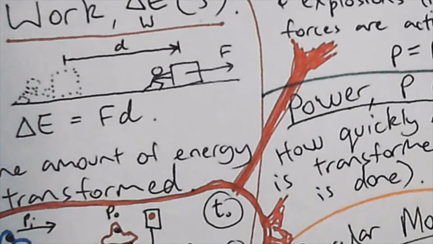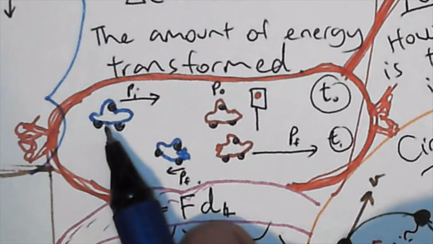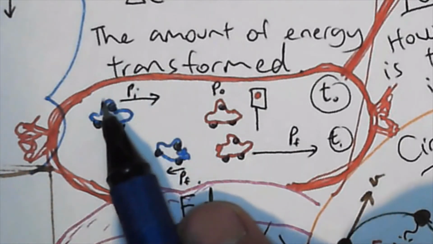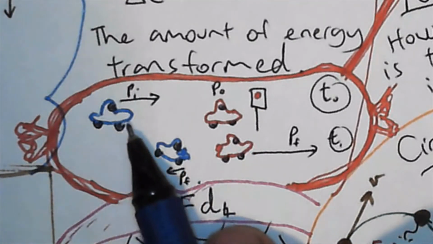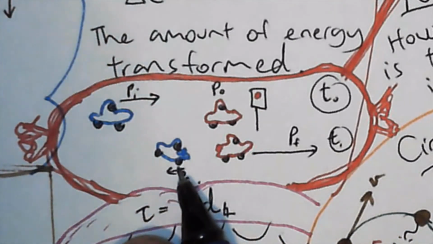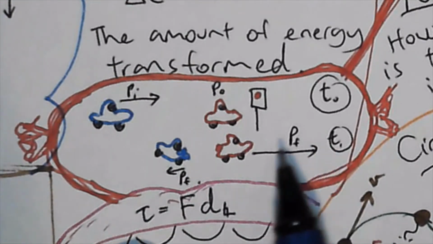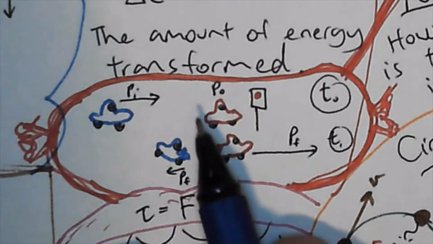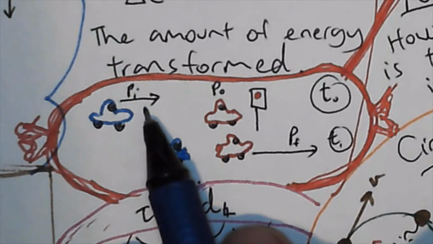So for example, down here, if we had a car that was stationary at a traffic light and a car came from behind and it was moving, this car has momentum and this stationary car has no momentum. If they crash into one another and this car comes off backwards, then this car must gain momentum in the opposite direction, and it must gain enough extra momentum so that the total momentum here is equal to the total momentum here.